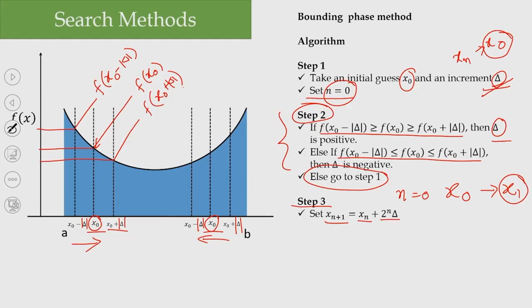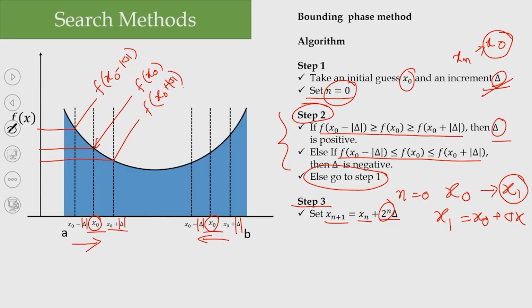Suppose in the first step n is equal to 0, so this value is 1. So x 1 equals x naught plus delta, because 2 to the power 0 is equal to 1.